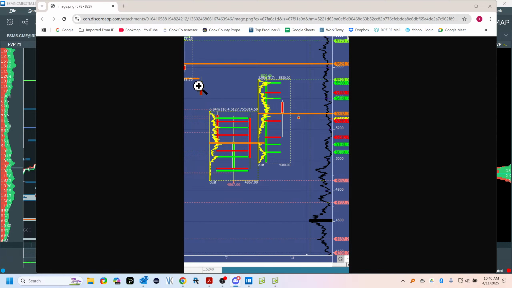And here's what's important. Now, this orange line is what's called the microcomposite volume point of control. Don't worry about the language. This is a microcomposite. It's just an intermediate time frame. This was too high. Now, the day of the squeezeteria, where all the bodies were thrown under the bus, we came up here.